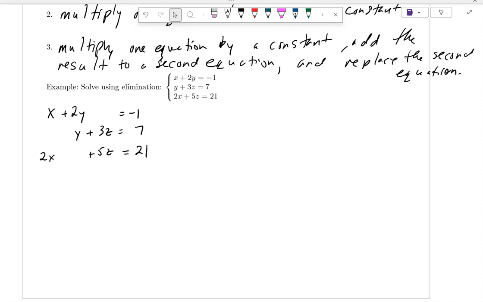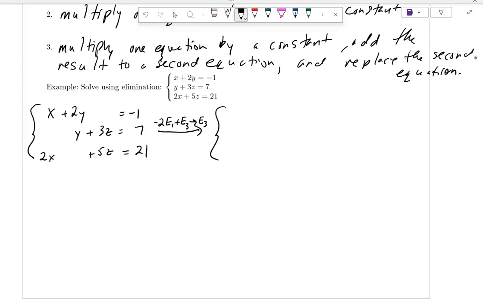Negative 2. So this is the operation we're going to use, and this is the notation I'm going to use. I will put a brace here so that we're still talking about systems. I'm going to take negative 2 times equation 1, add it to equation 3, and replace equation 3. That's the notation.